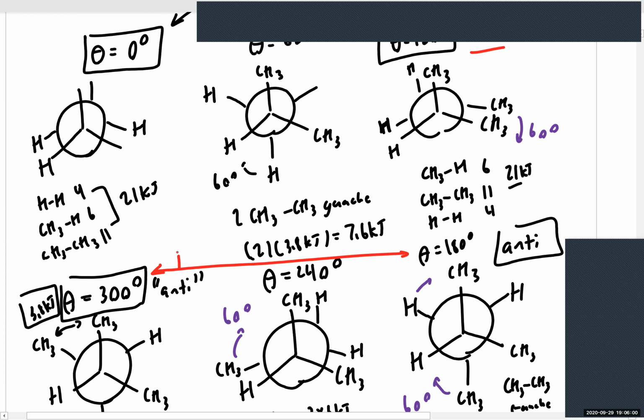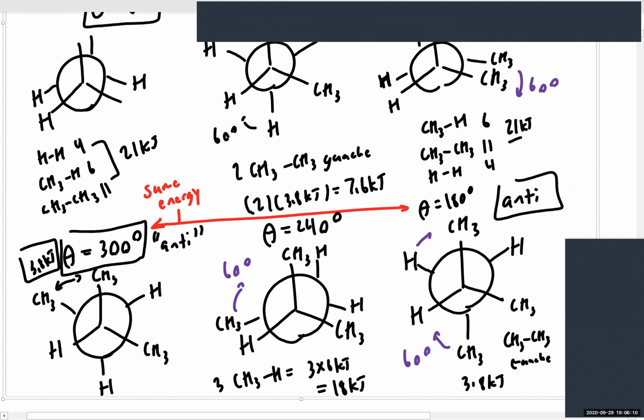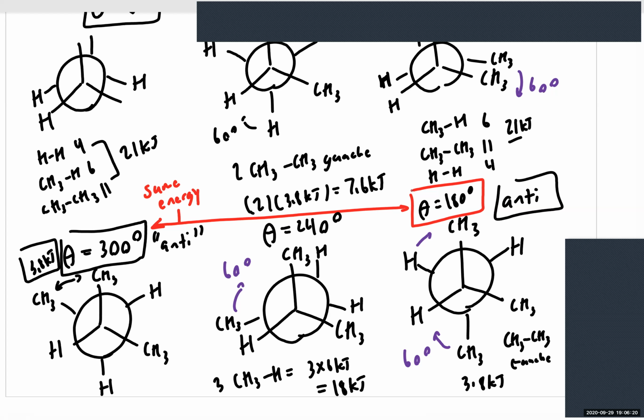These two Newman projections have the same energy. These two conformations have the same energy. Does everyone see how 180 degrees and 300 degrees are degenerate, identical conformations in terms of energy?